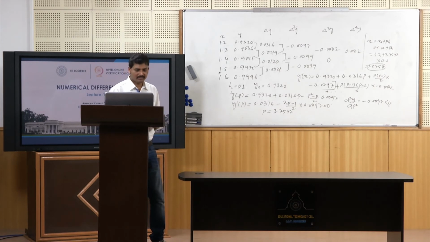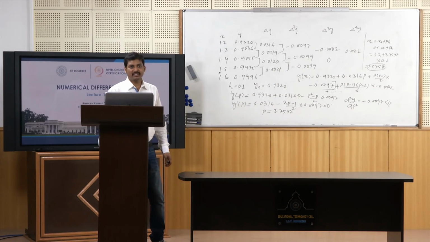This satisfies that p can be written as (x minus xn) by h, which can be written as (1.5758 minus 1.6), since 1.6 is your xn value, divided by 0.1, and this equals minus 0.242.